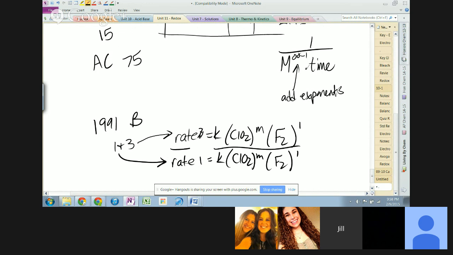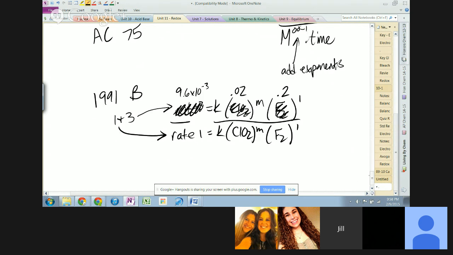And so then you just replace those. So rate in experiment 3 was 9.6 times 10 to the negative third, ClO2 in experiment 3 was 0.02, and F2 was 0.2. And then in experiment 1, the rate was 2.4 times 10 to the negative third, and ClO2 was 0.01, and F2 was 0.1.